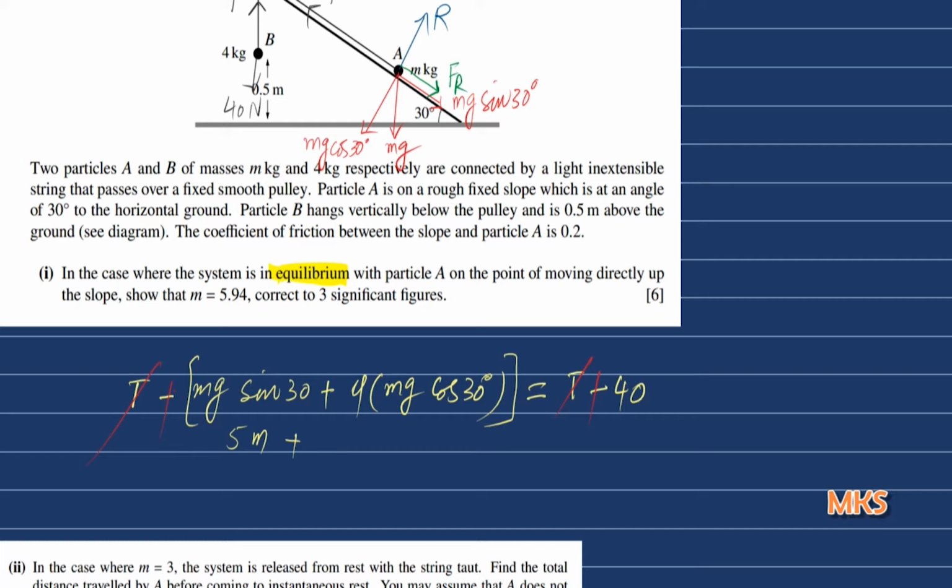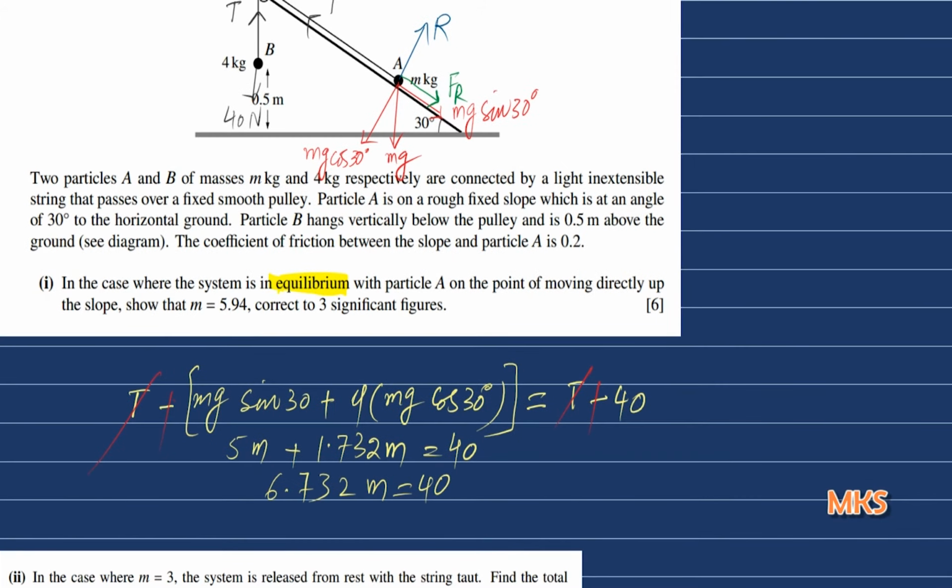So 1.732 m is equal to 40. This becomes 6.732 m is equal to 40.